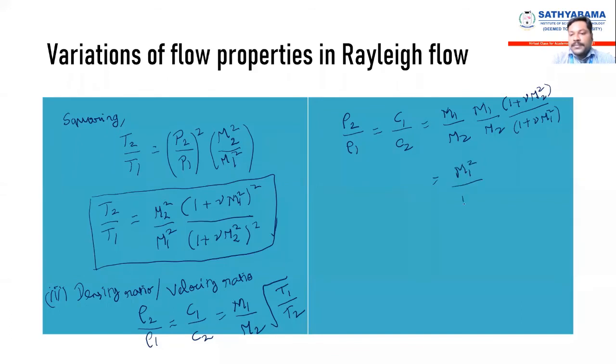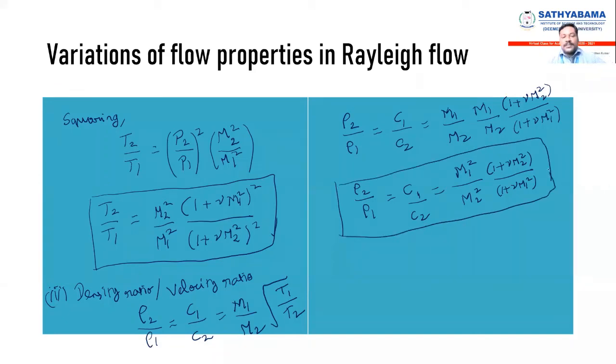M1 square by M2 square, 1 plus gamma M2 square into 1 plus gamma M1 square. Okay. So this is your rho 2 by rho 1, or C1 by C2. Right? So this is the density ratio or velocity ratio relation.